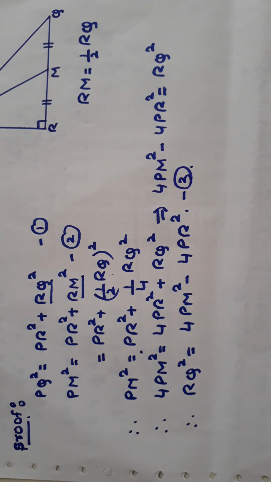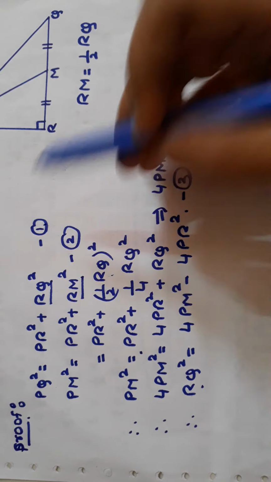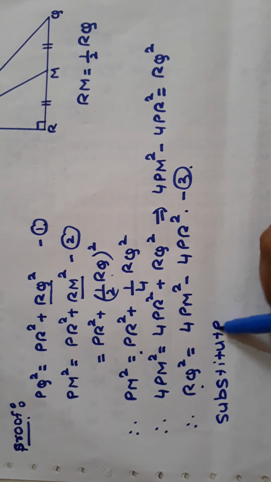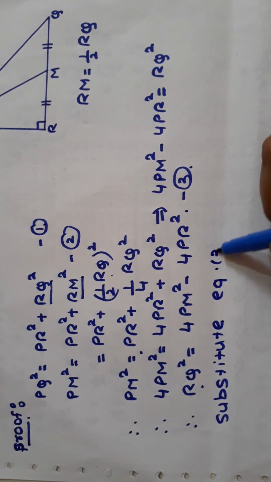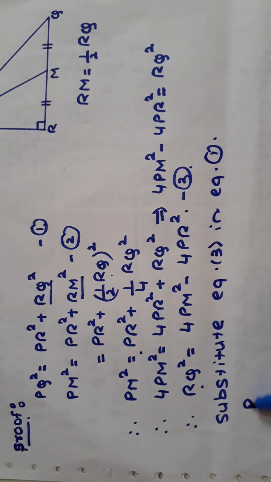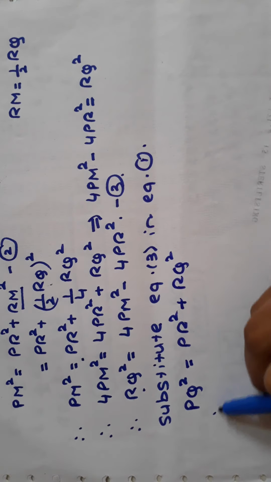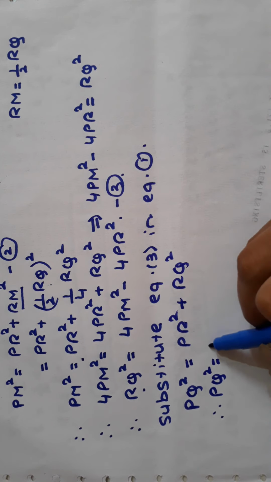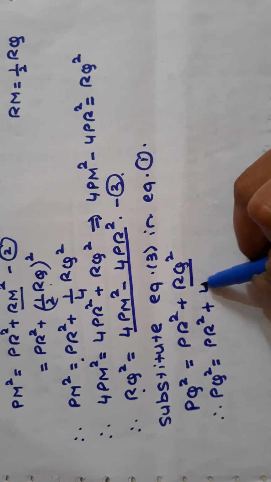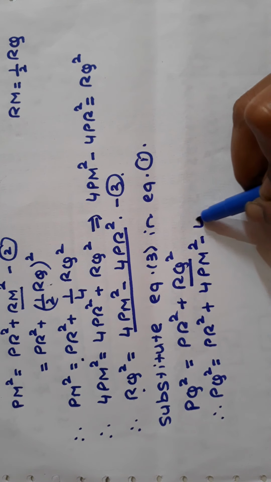Third equation. Now substitute the value of RQ square in equation 1. Substitute equation 3 in equation 1. Equation 1 is PQ square is equal to PR square plus RQ square. So in place of RQ square, substitute 4 PM square minus 4 PR square.